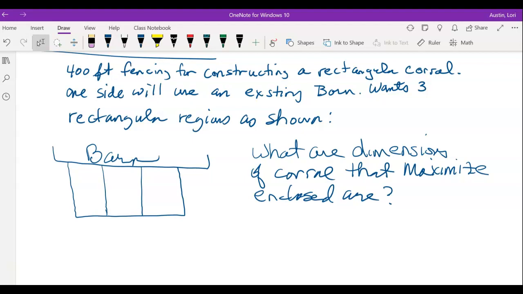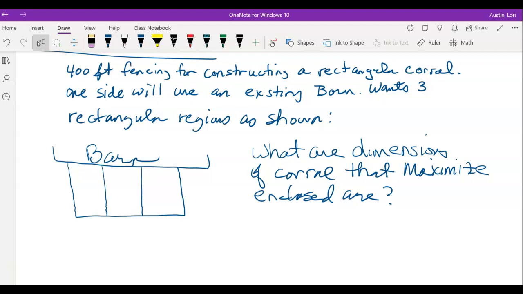That maximizes enclosed area. Remember what step 1 is. Step 1 is, hey, let's get some variables. And let's be smart about these variables. When we're putting this fence together, we really have how many different lengths? Well, this is one length, correct? But then don't we also have this, this, this, and this?